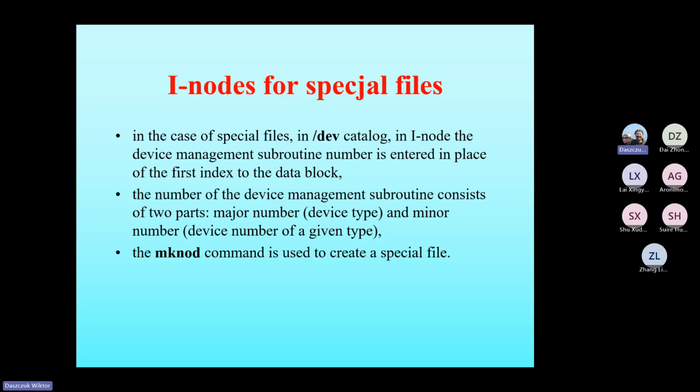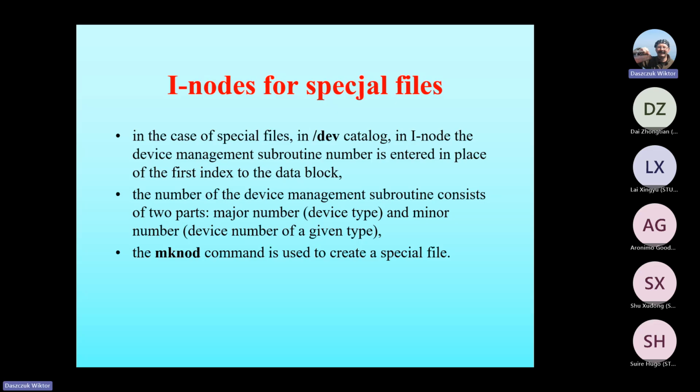So we have a disk, keyboard, screen, a teletype for remote terminals, TTY, maybe floppy disks or CD-ROMs, whatever. Every device, mouse, every device has a driver, and it is the major number of a device.